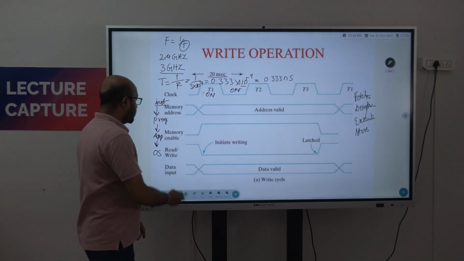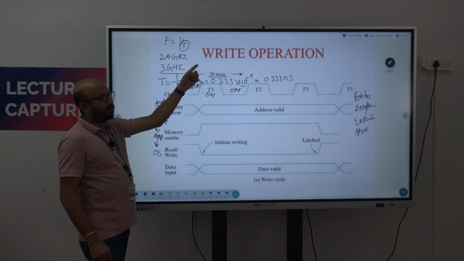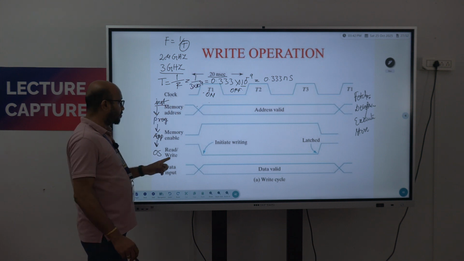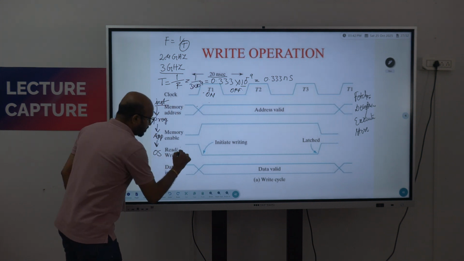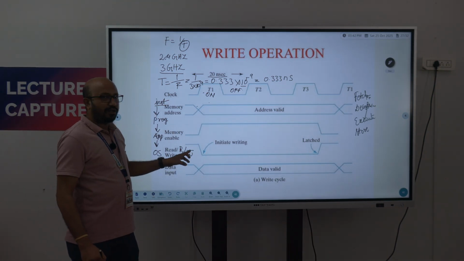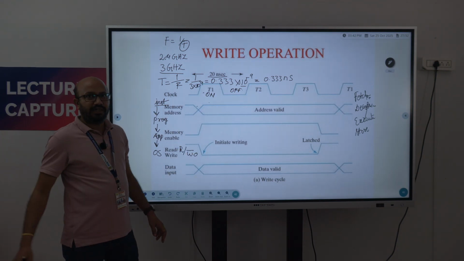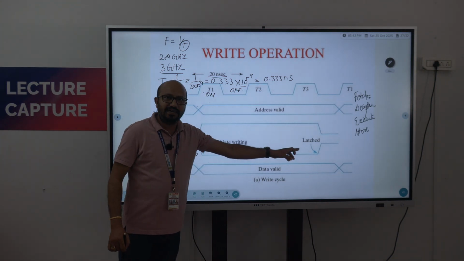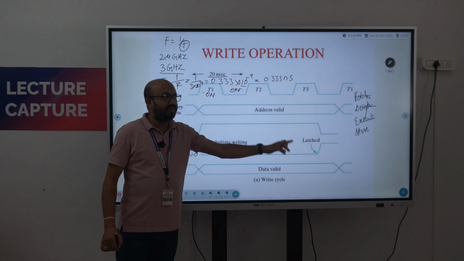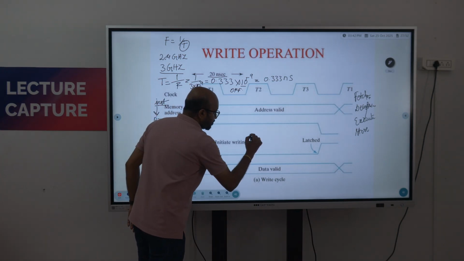Okay, so next one is read or write. What is the operation? Write operation. Now we are going to write. Write means R bar W bar, which means it is a complementary output. It works only for giving 0. Okay, 0 means the line is on the downside, 1 means it is on the upside. We know that.